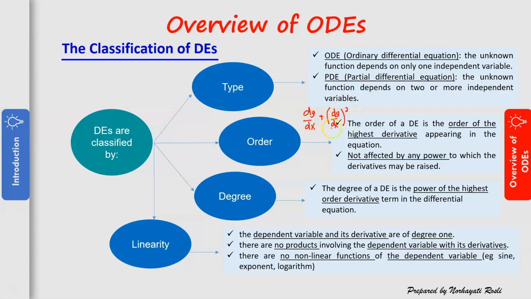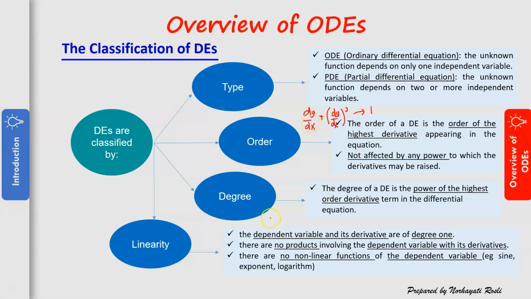The order for this one refers to the highest derivative appearing in the equation. The highest derivative here is the first derivative. But if you see, this one is power 2. So we go to the second concept, not affected by any power to which the derivative may be raised. In this case, it means that this power does not affect the order. So the order for this differential equation is 1. It is not affected by this power, but it is only the highest derivative appearing in this equation.